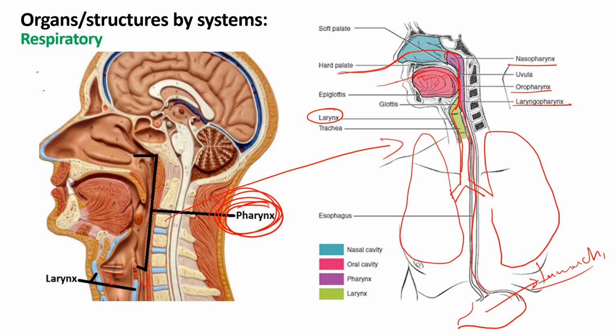But the bottom line that you need to remember is that the larynx and the trachea, they're more superficial than the esophagus. The esophagus is more deep. It's a deeper structure if we compare that against the larynx, for example.